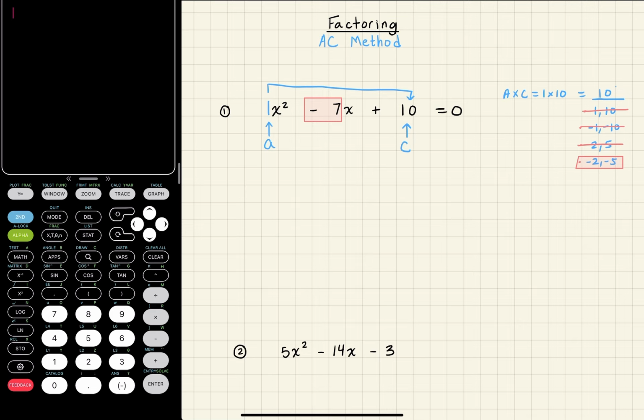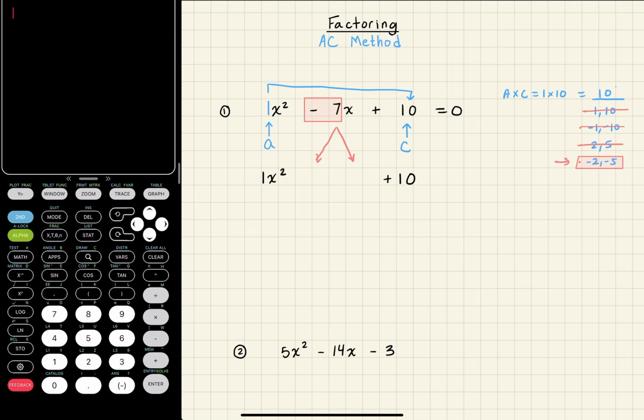How are we going to use them? Well, we're going to rewrite our problem here, but I'm not going to write down the middle term just yet. I'm going to write down this end constant here. And what we're going to do is split our middle term up using the two numbers we found over here.